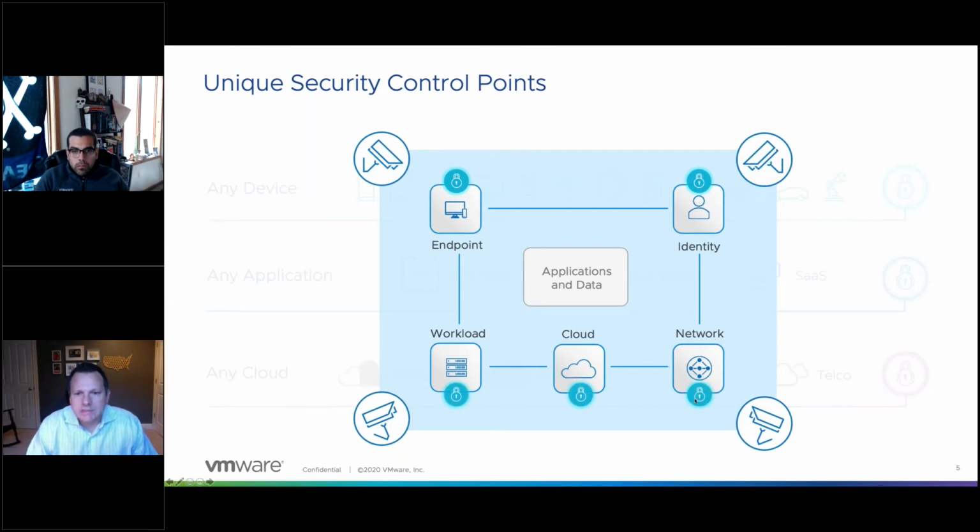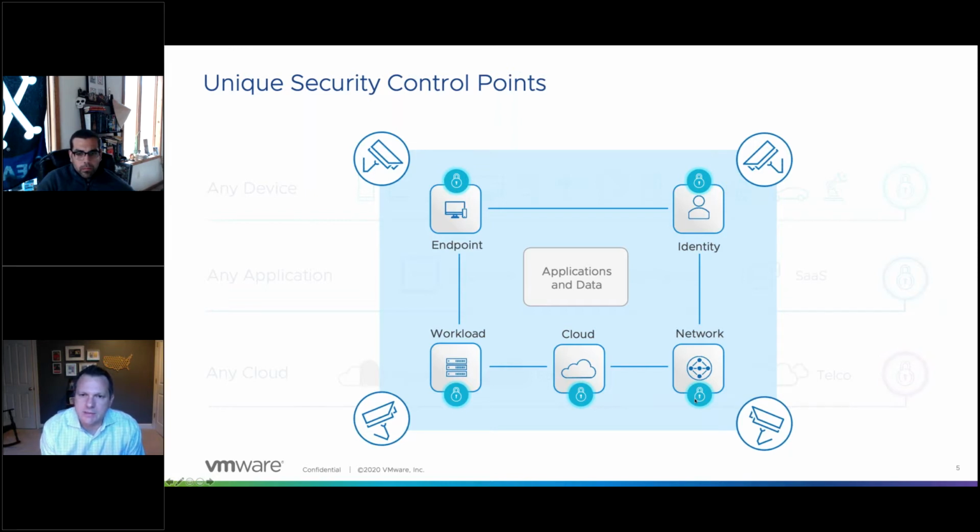Now, as it relates to workload security, we think about the world of security through a set of control points. At the end of the day, what you need to do with security is get as much visibility as possible into the areas where attackers might be manipulating or changing or taking advantage of your environment. Almost always that relies on some control point, usually an agent, a sensor of some kind.